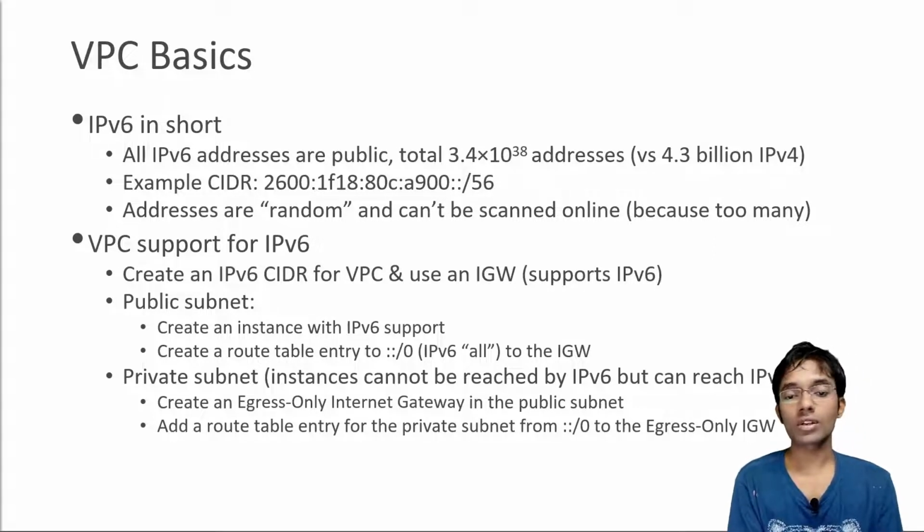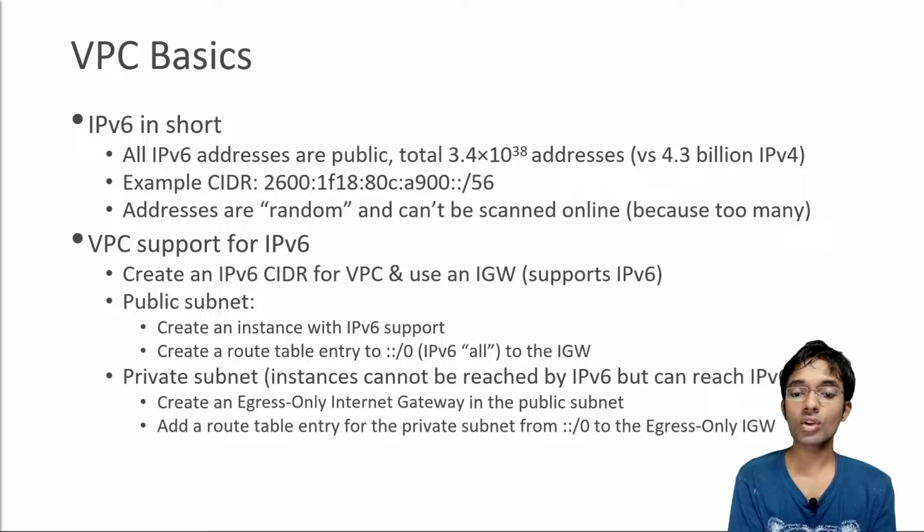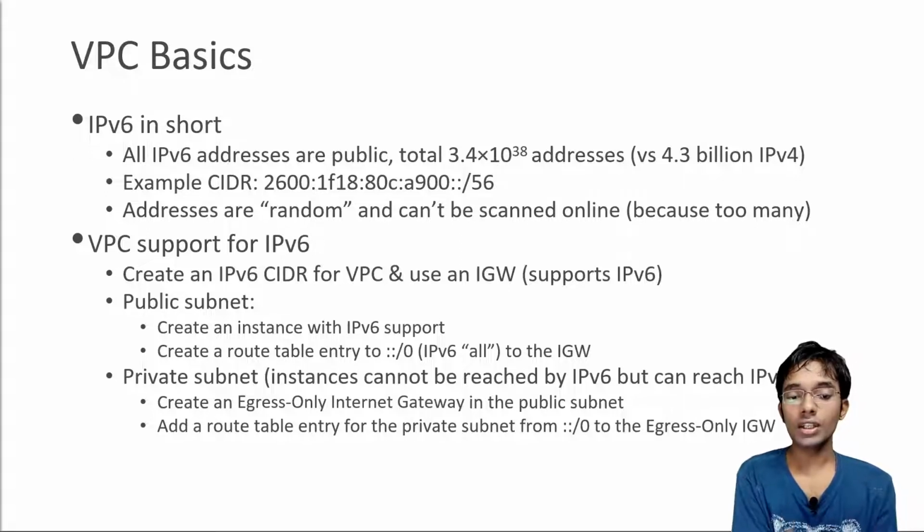Your instances in a private subnet are still private, so they still don't have an IPv4 address, and they still don't have an IPv6 address, but they may want to target external services that are only reachable using IPv6, in which case we have to create something very similar to a NAT gateway, but for IPv6, called the egress-only internet gateway.